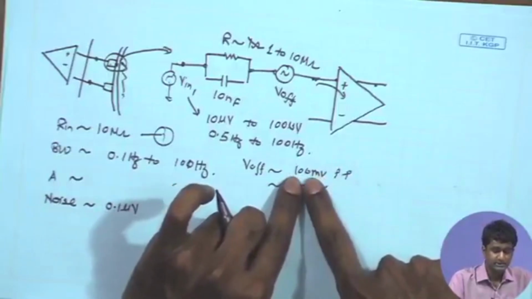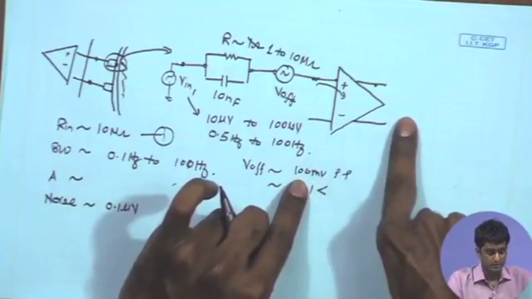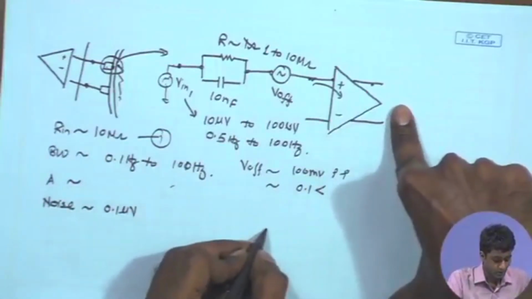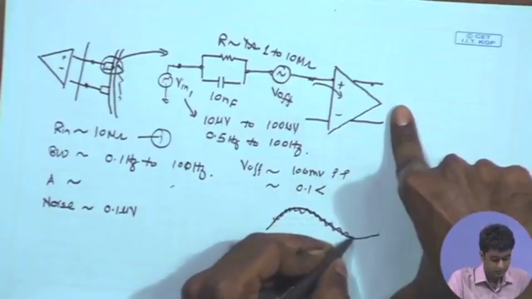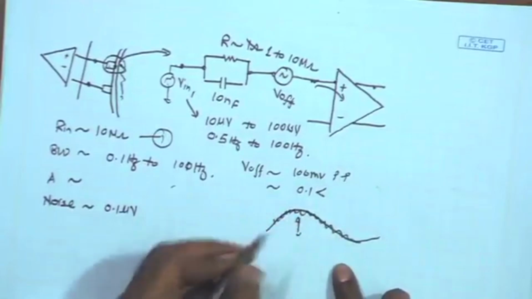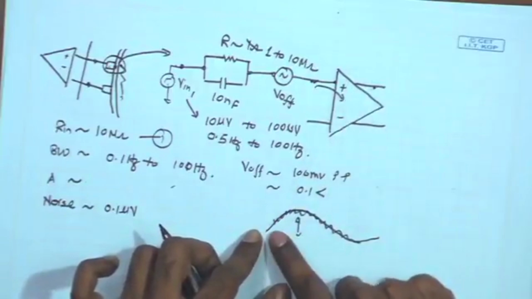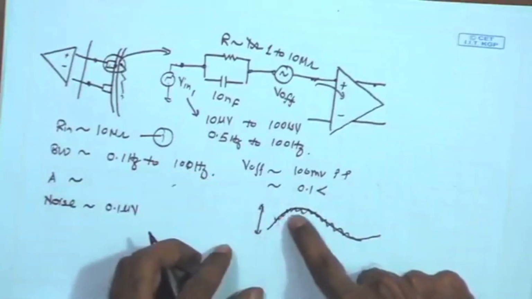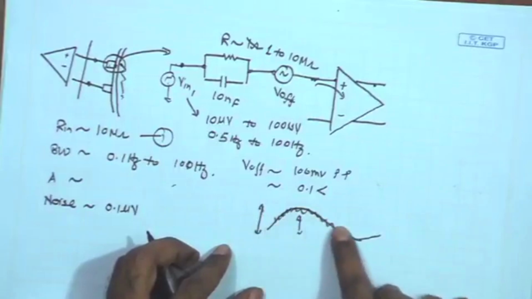Because if we assume that this entire 100 millivolt signal is passing through our amplifier, that would mean that after the amplifier the small tiny desired signal sitting on our dynamic offset signal is going to ride onto this even after the amplification. So, at the input point we have this large dynamic offset V offset, which is a very slowly varying signal. On the top of that we have this high frequency signal, which is our desired signal V in 1, sitting on it.